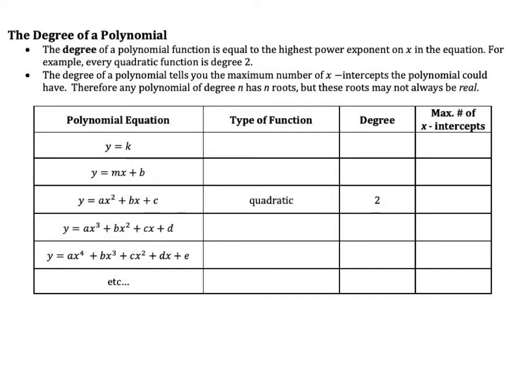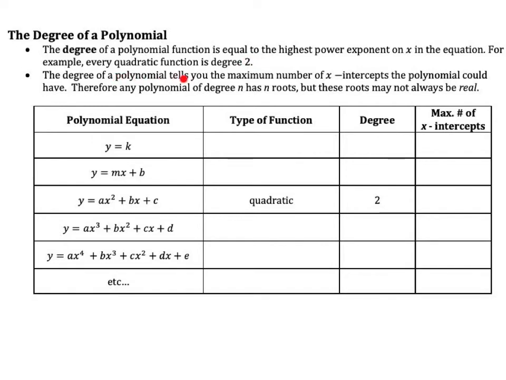Okay, so here's a little chart to introduce some different aspects of these graphs. Specifically, we're going to focus in on the degree of a polynomial, right? So it says the degree of a polynomial function is equal to the highest power exponent on x in the equation. For example, every quadratic function has a degree 2 because it's x squared.